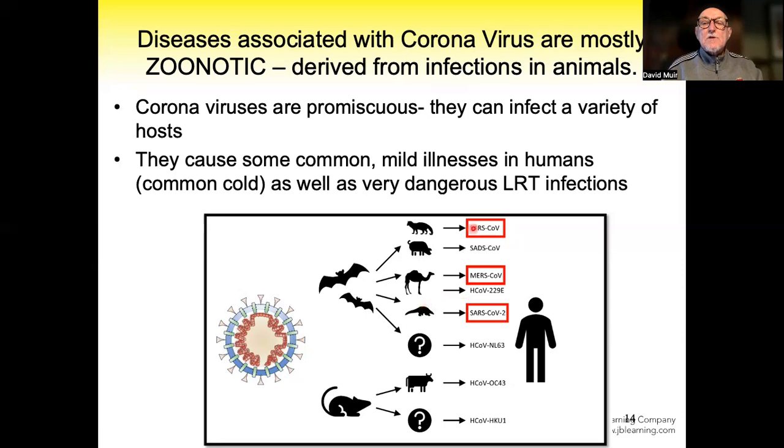So these two, SARS-CoV-1 and MERS, are extremely virulent viral diseases with a longer prodromal phase, but very sudden onset of symptoms.